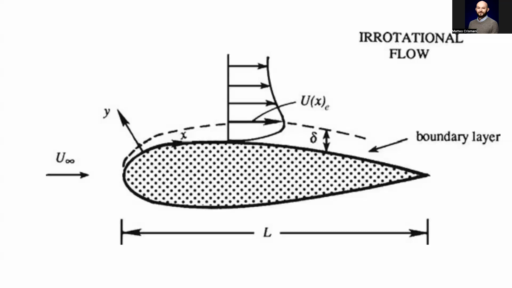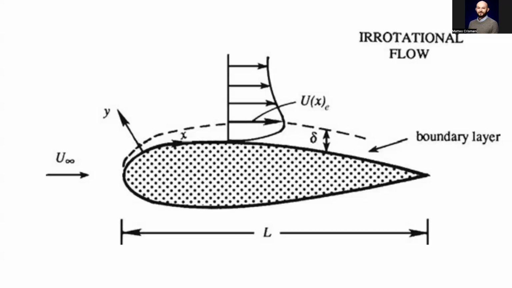The reason the advective terms are at all different is that in this region, the viscous stress terms are of the same order of magnitude. So in fact, we can say something like delta is the square root of mu L over U infinity.